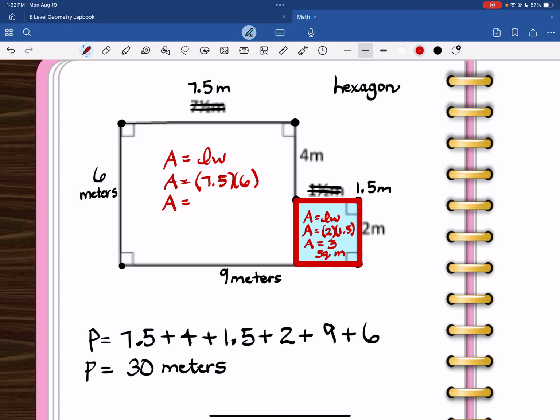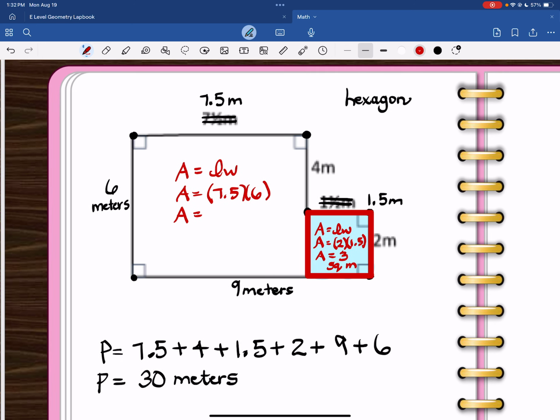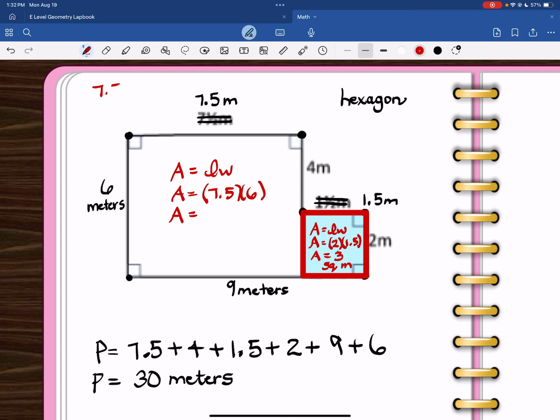And I'm going to have to work that one. If you have a calculator, use it. I should be able to do this in my head, but I just don't do math well in my head. 42 and 43, that's 45. So 45 square meters for the area of that one.